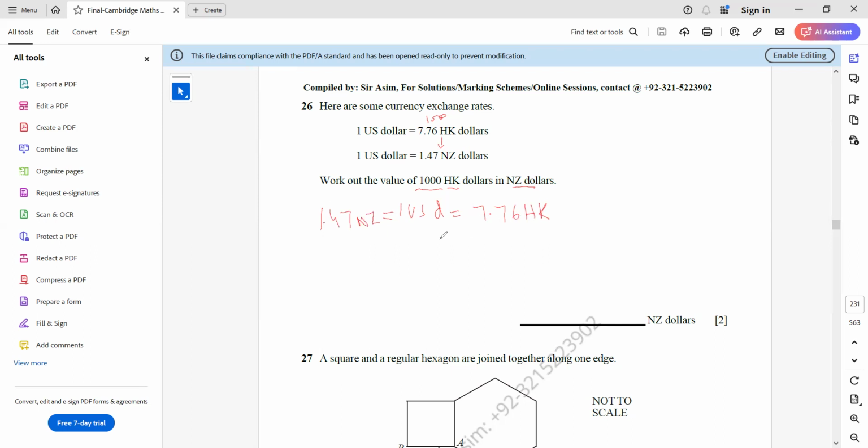So that means 7.76 Hong Kong dollars divided by 7.76 gives us 1.47 divided by 7.76 New Zealand dollars. Because we need the value of one Hong Kong dollar, you have divided by 7.76. So now this is the value of one Hong Kong dollar.